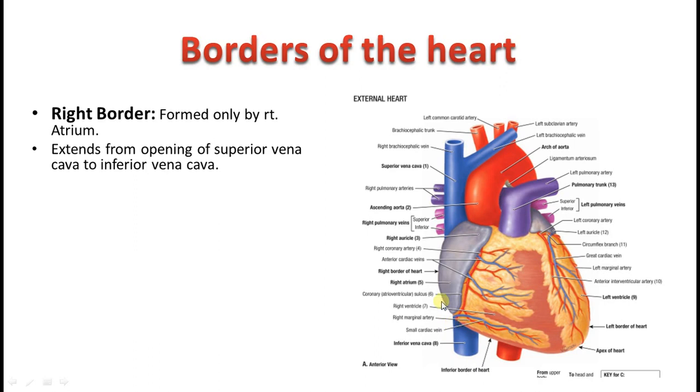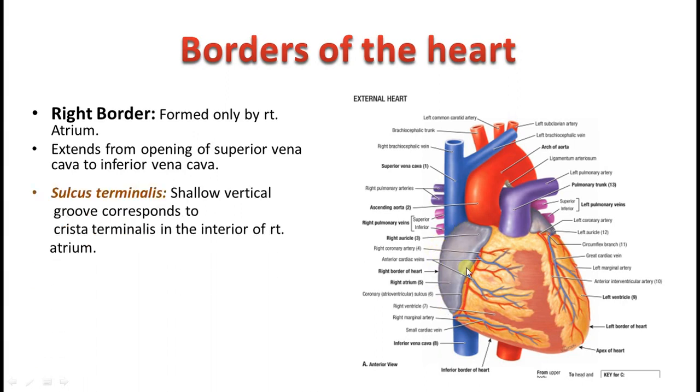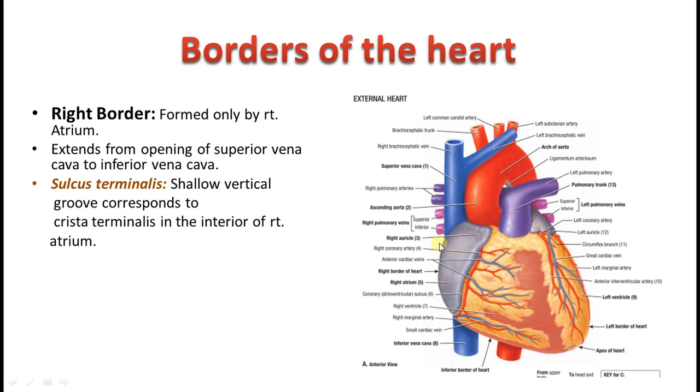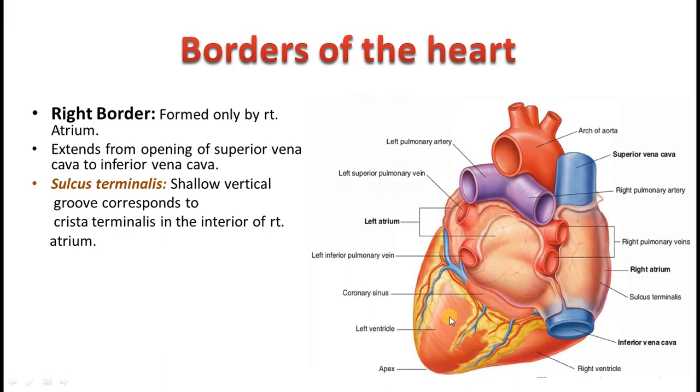The right border separates the sternocostal surface from the base of the heart, which is present behind. Now, along the right border, you will be able to see a faint sulcus which is called the sulcus terminalis.